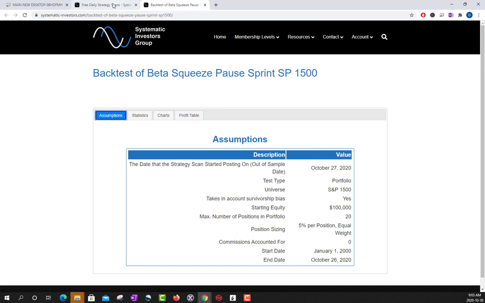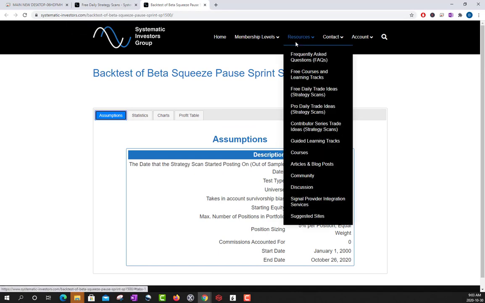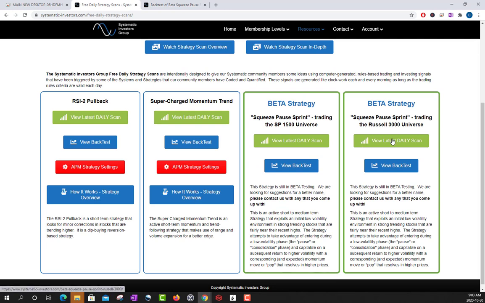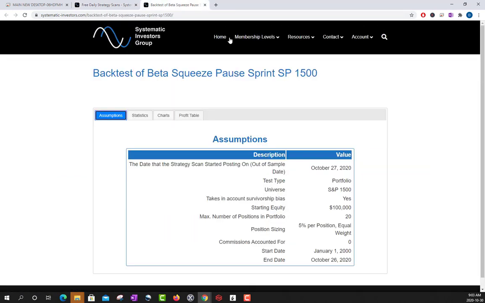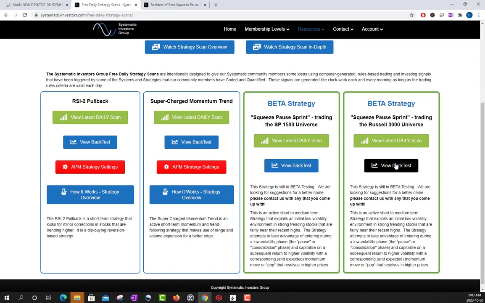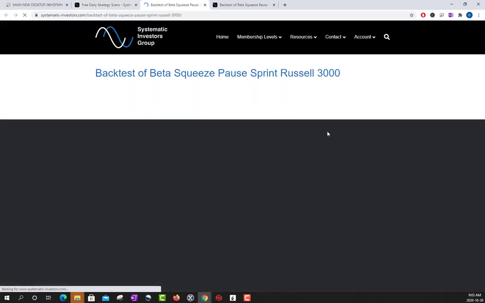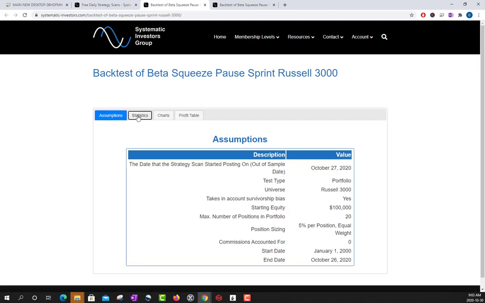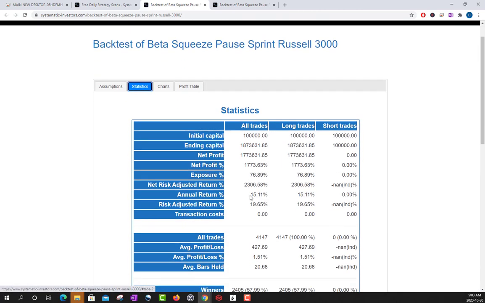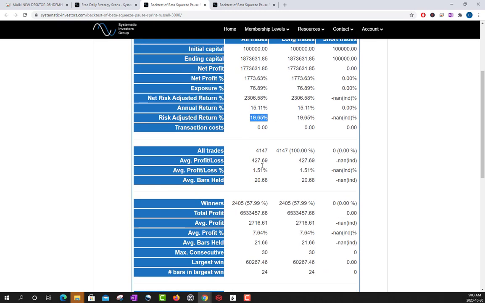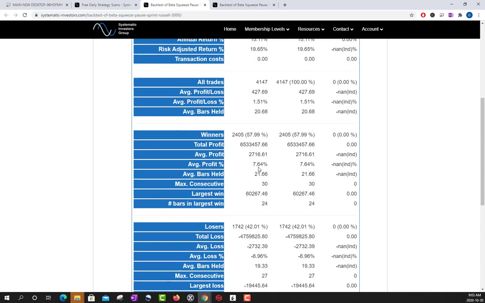That was for the S&P 1500. The results for the Russell 3000 look fairly similar. You can see the average annual return was about 15%, risk-adjusted return almost 20%. It's in the market about 77% of the time, so a little bit more.